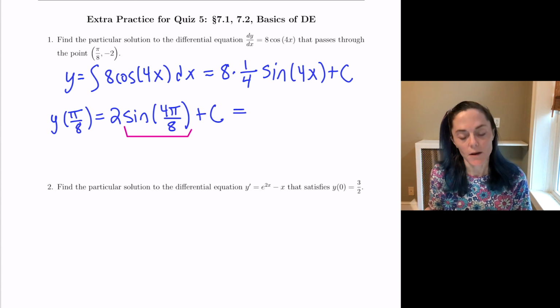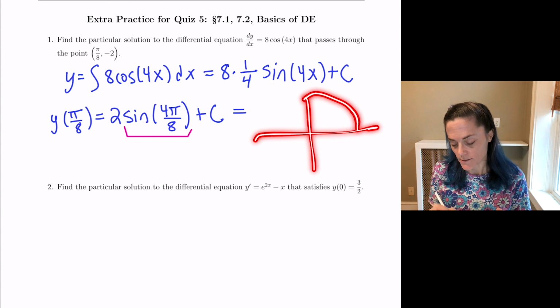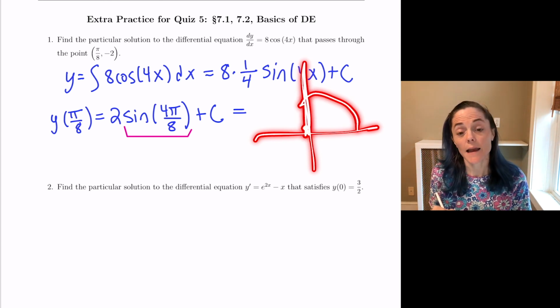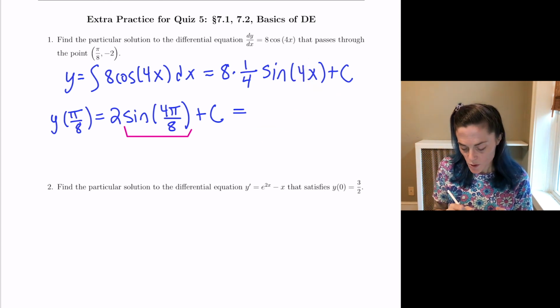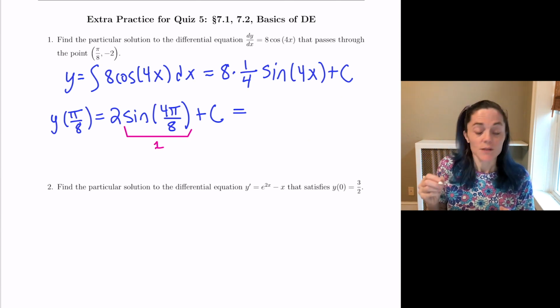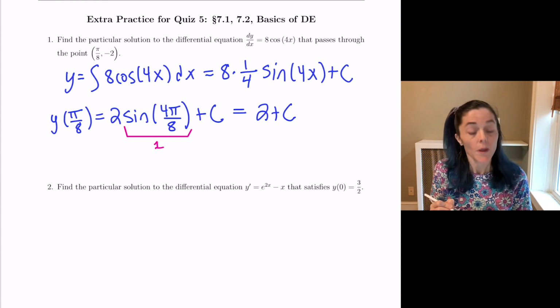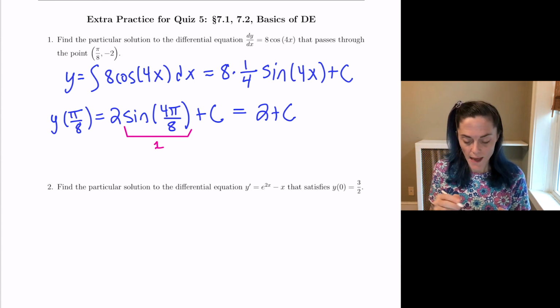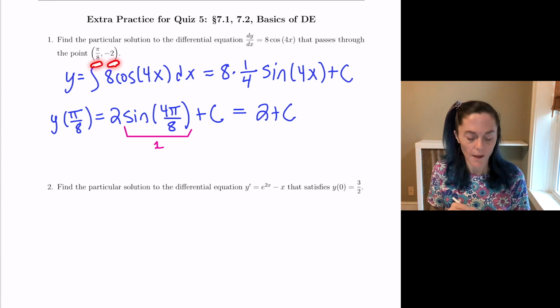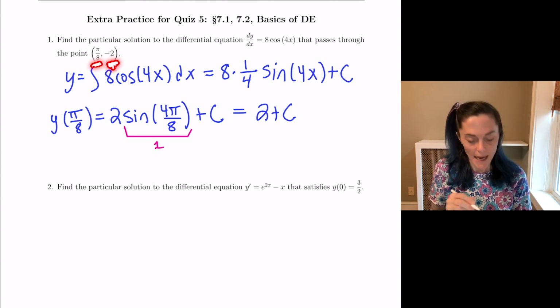The sine of pi over 2, well, pi over 2 is here, where the sine is 1. So this number is just 1. So y of pi over 8 is 2 plus c. On the other hand, we know that the solution must go through the point pi over 8 comma minus 2.